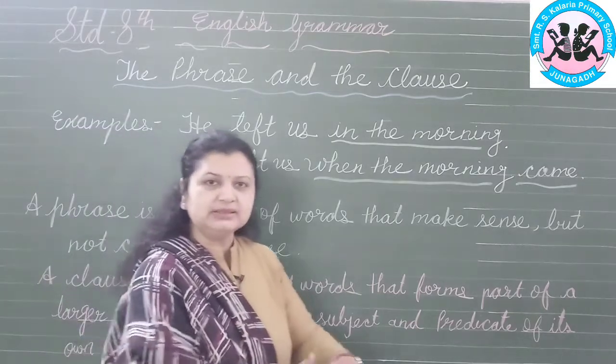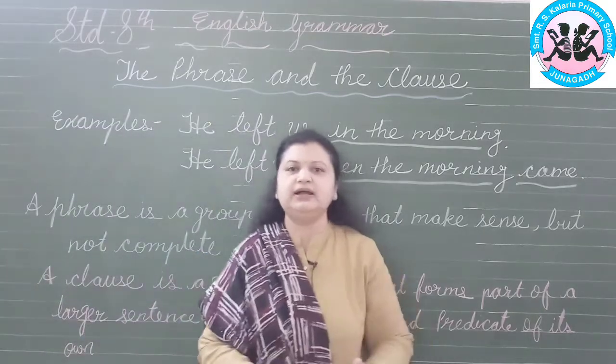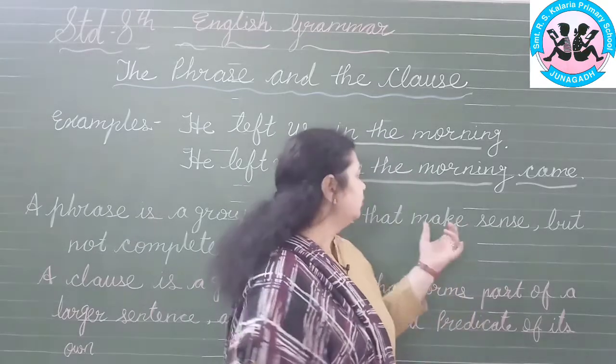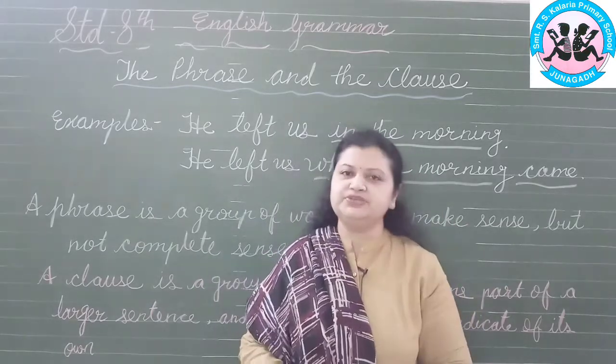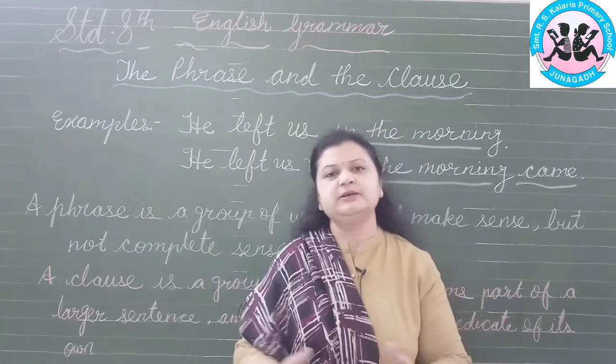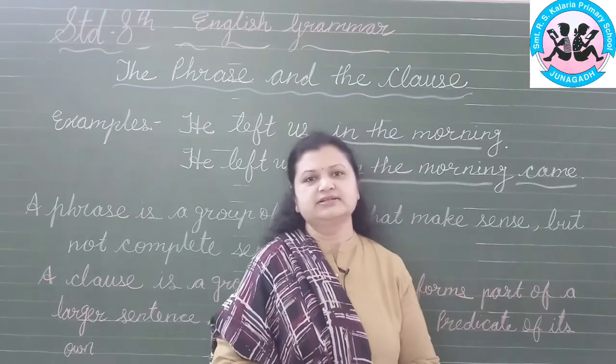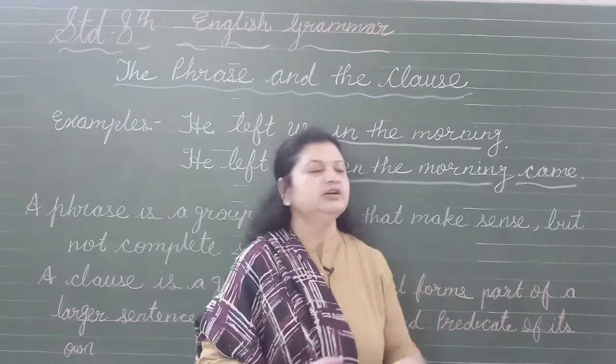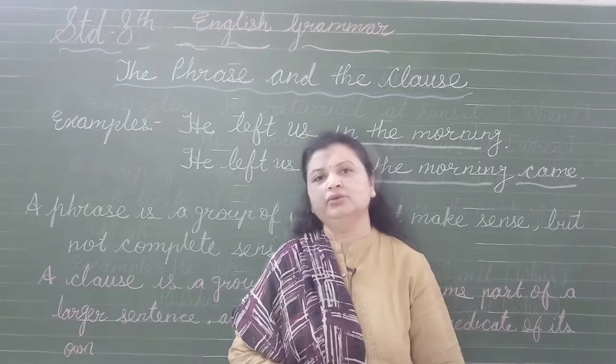When you read the next part, you will understand what I am going to say. A clause has its own subject and predicate, and it is a part of a larger sentence, and without it the sentence becomes different. So this is called phrase and clause.